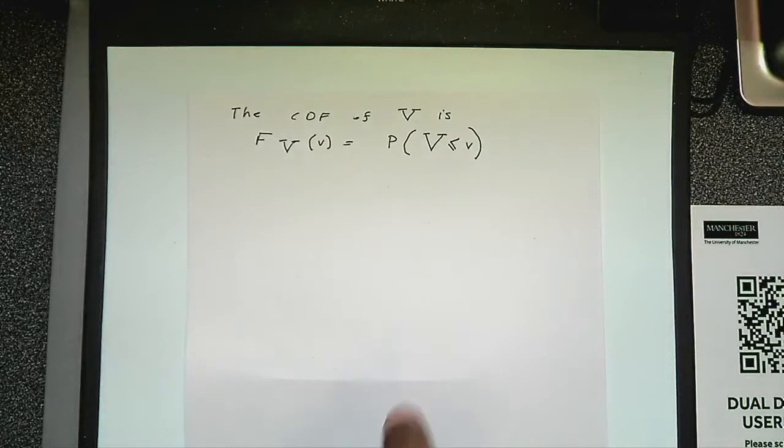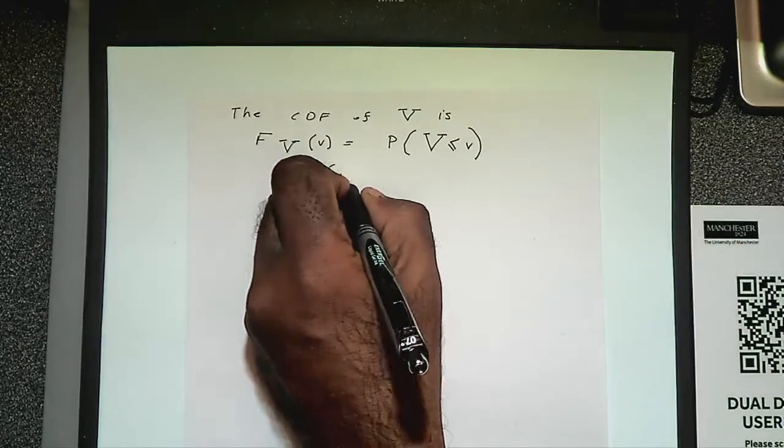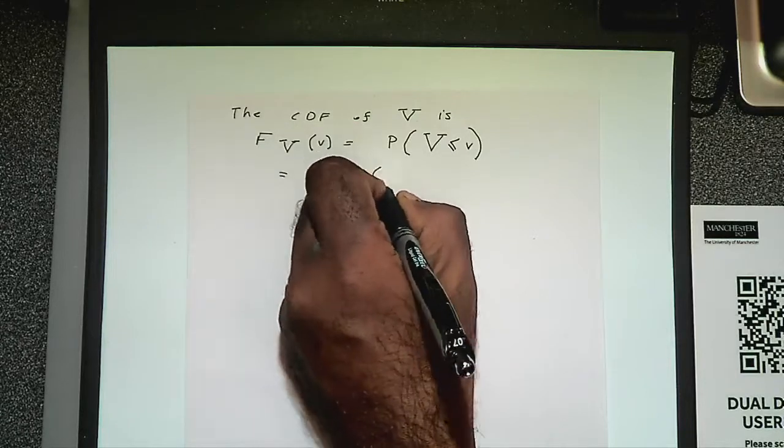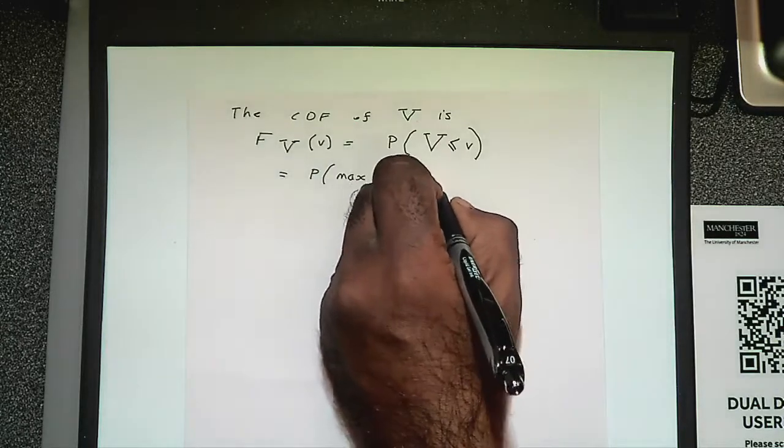Right, now V, as you know, is the maximum, so it's the maximum of x1 comma x2 less than or equal to v.